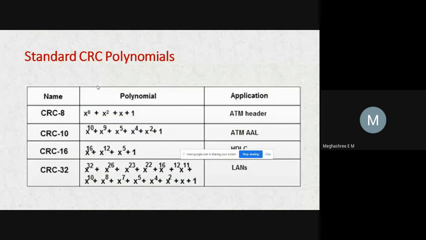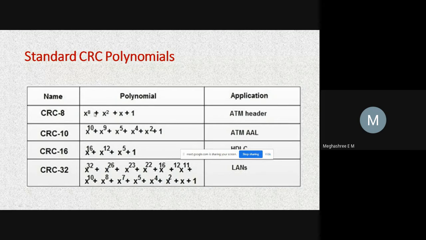Before that, a few standard CRC polynomials used, that is, polynomial generators used for the CRC. CRC 8 is x power of 8 plus x power of 2 plus x plus 1. This polynomial is used in the ATM header, that is asynchronous transfer mode header.